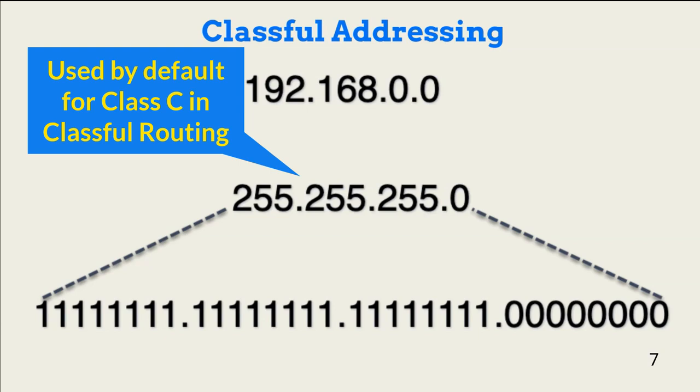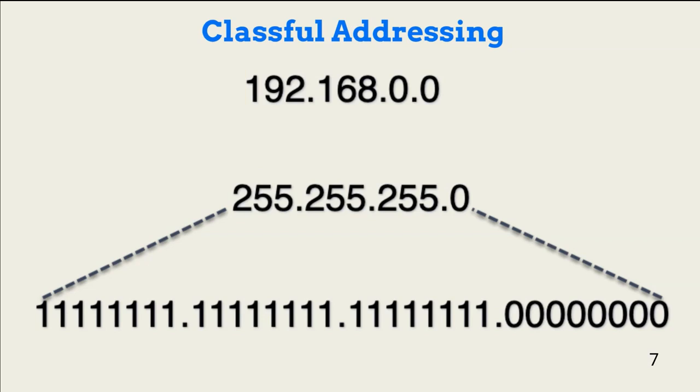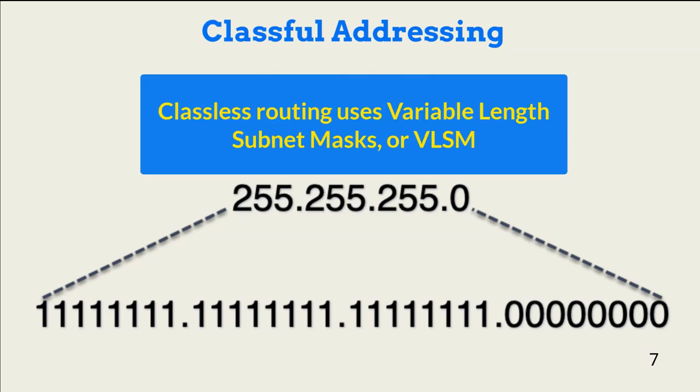It is displayed in both decimal and binary notation. An important takeaway is that the routing protocol used determines how the router looks at an address. Classful routing protocols do not use customized or variable length subnet masks sent during routing table convergence.